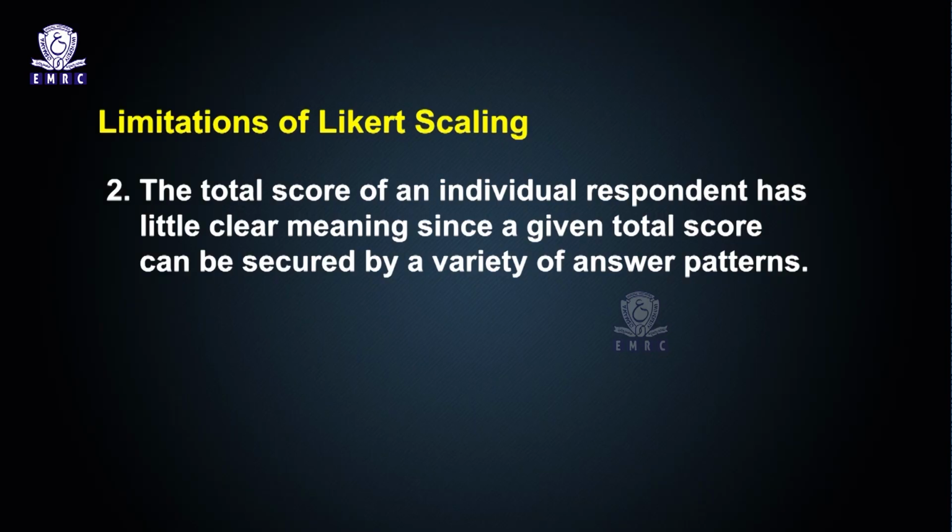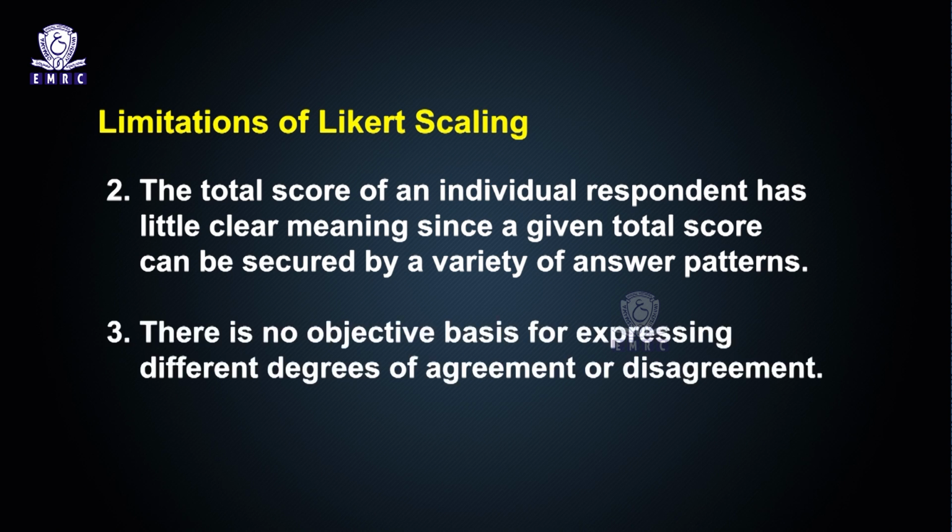The second one, the total score of an individual respondent has little clear meaning, since a given total score can be secured by a variety of answer patterns. The third one, there is no objective basis for expressing different degrees of agreement or disagreement.